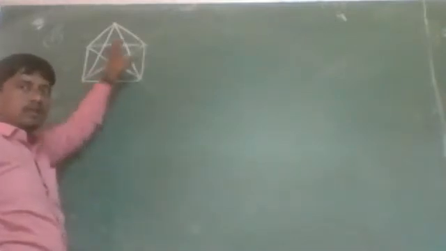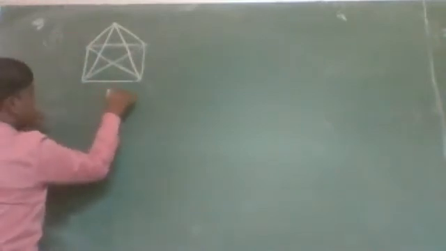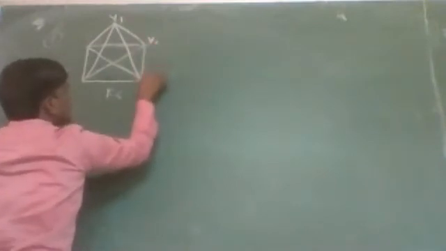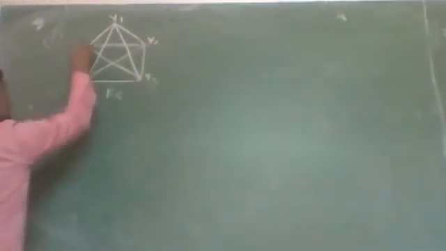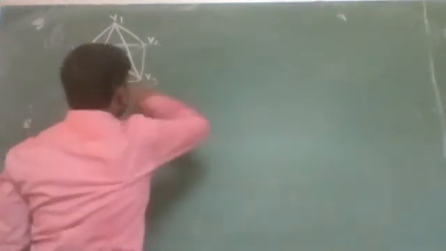It is a simple graph in which each pair of distinct vertices is joined by an edge. So this one is the complete graph, and the complete graph is denoted by K5, since here there are 5 vertices. Now we have to check whether the graph K5 is a planar graph or not.